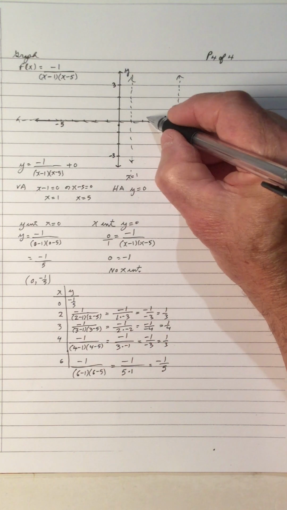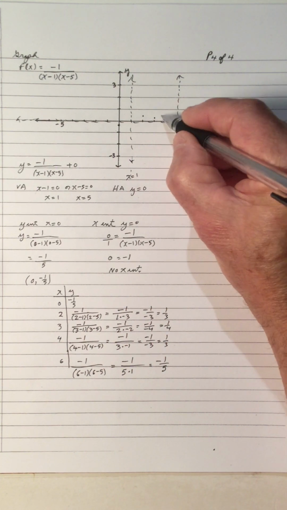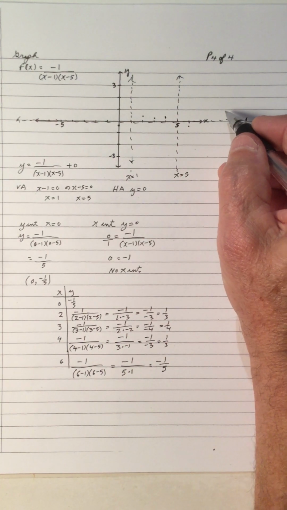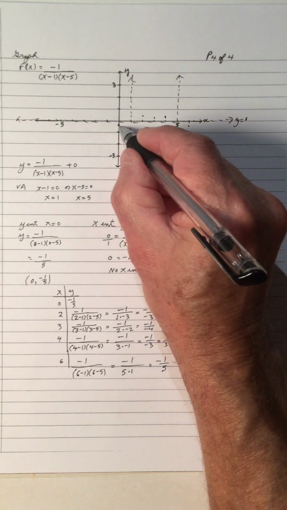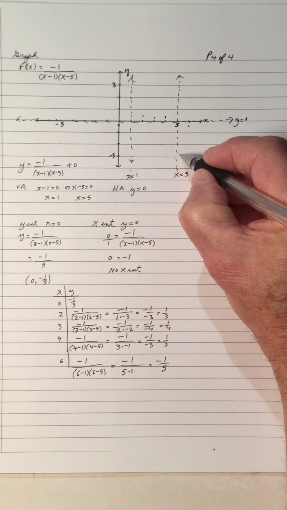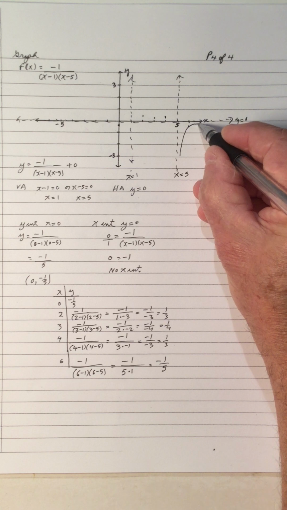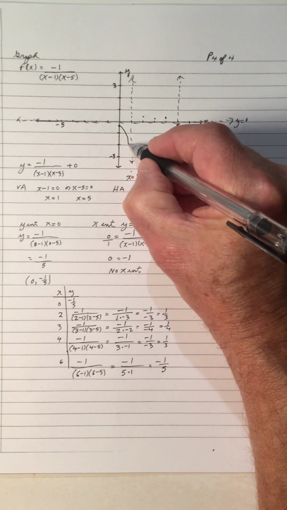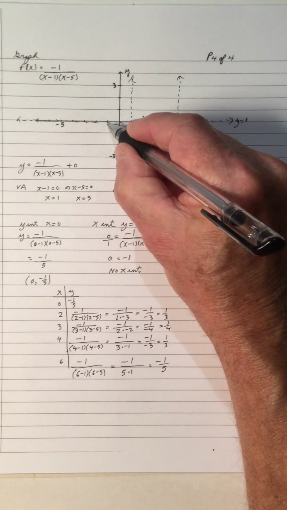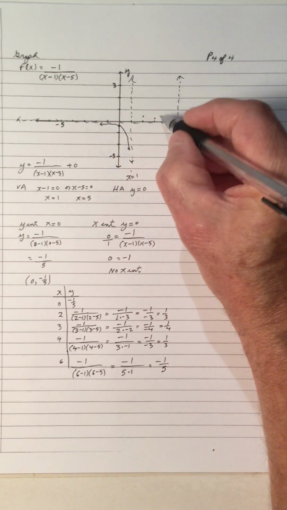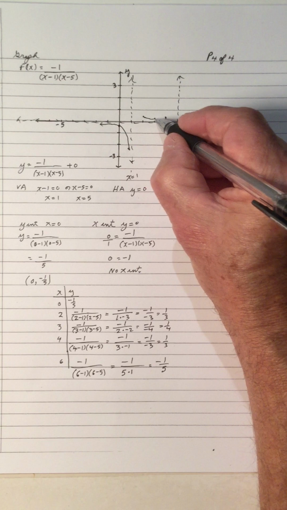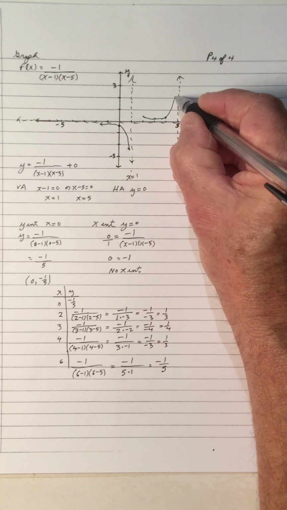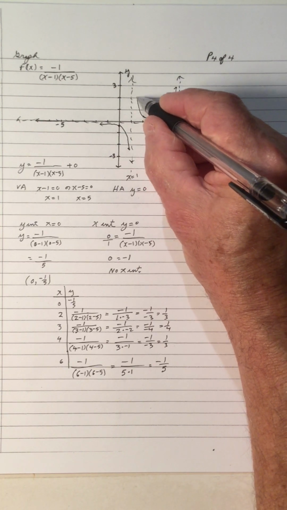So we can see it's here, hitting here. So that means the graph must be doing this and this, and it's in between here. There it is.